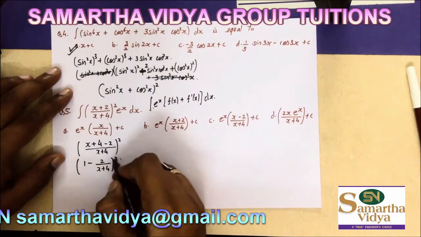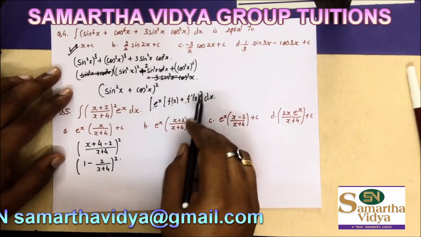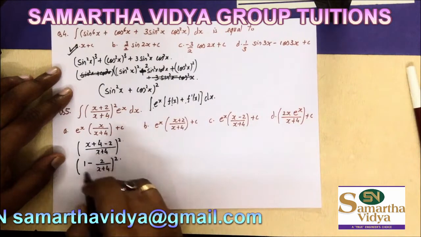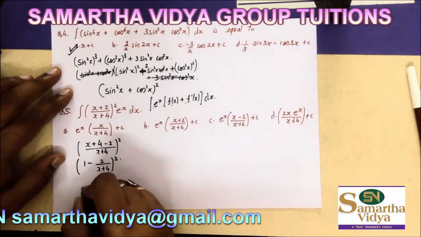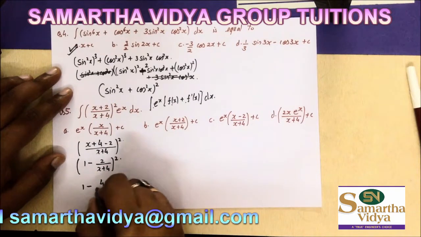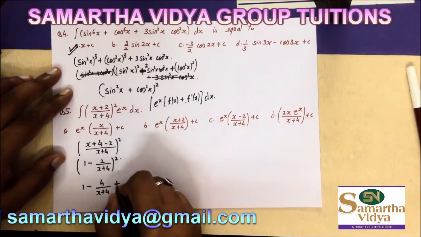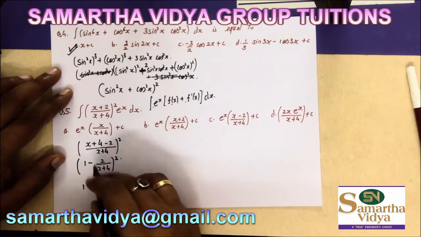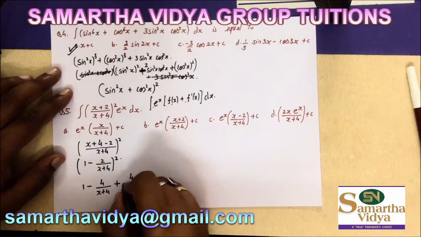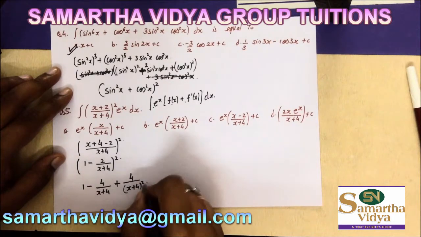We don't need this square term because I need it in the form of f of x plus f dash of x. There is no degree as such. So let's open this up. It is a minus b the whole square, so it is a minus 4 upon x plus 4, plus this square, so 4 upon x plus 4 the whole square.